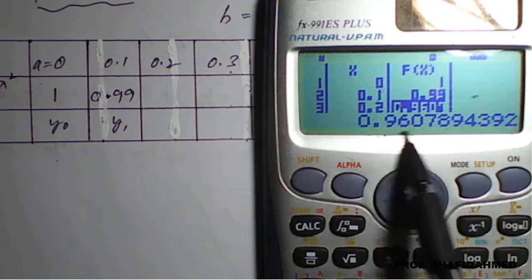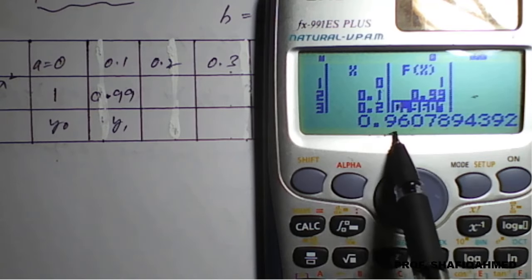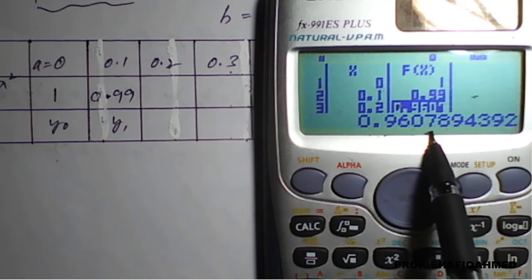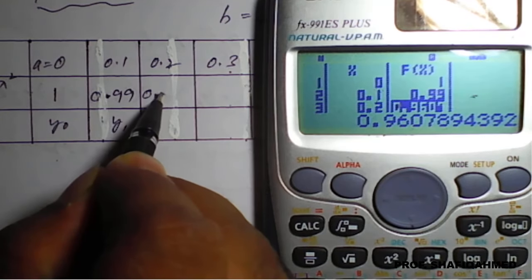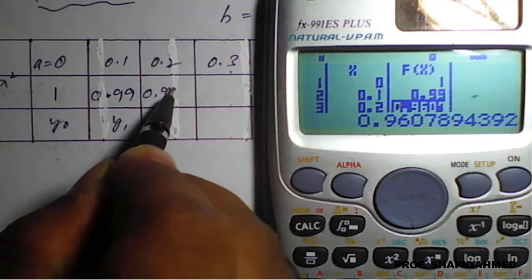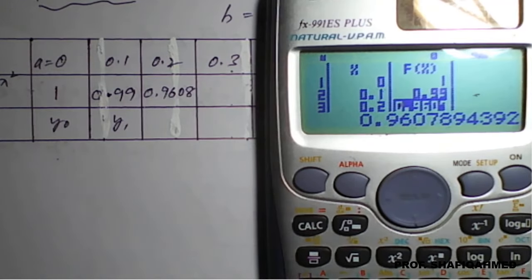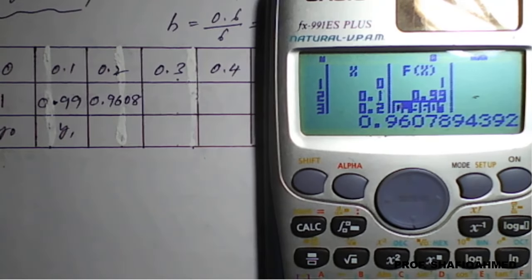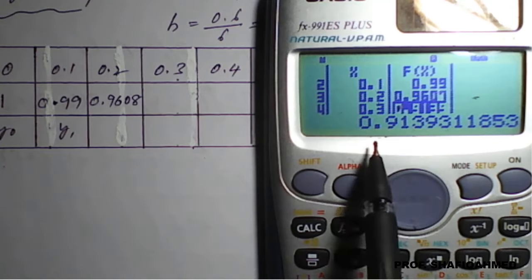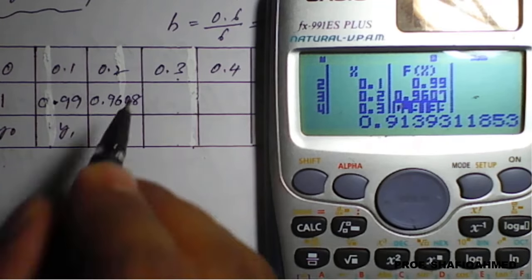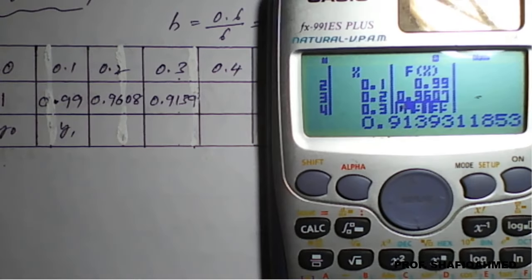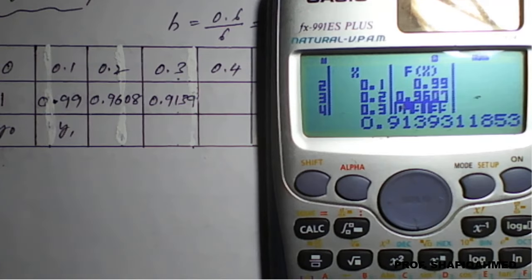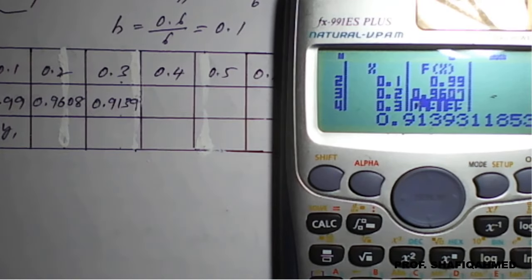Next, for 0.2 it is 0.9607, so I will make it 0.9608. Similarly, for 0.3 it is 0.9139.